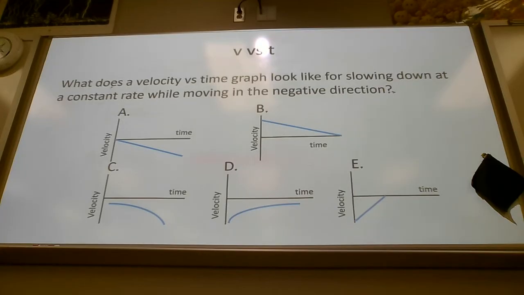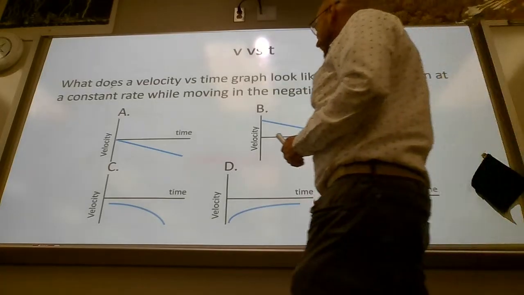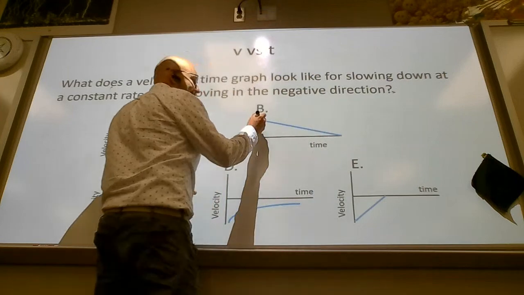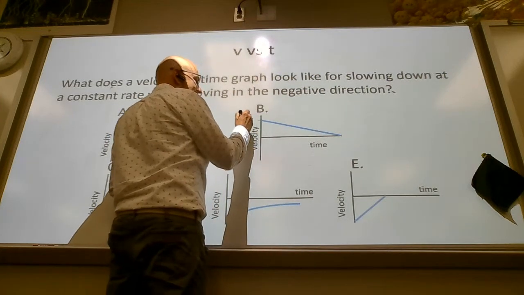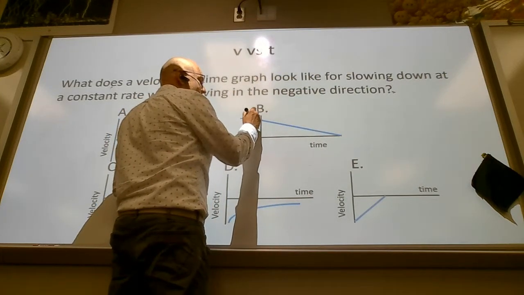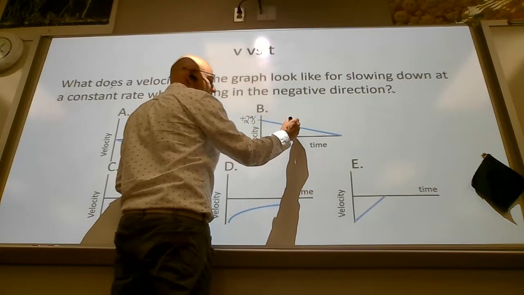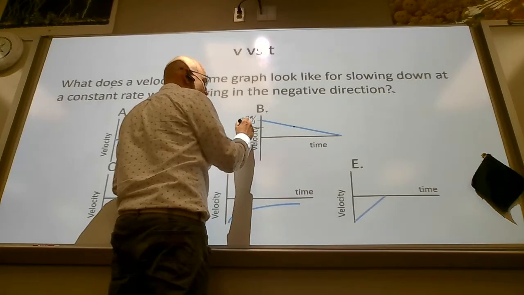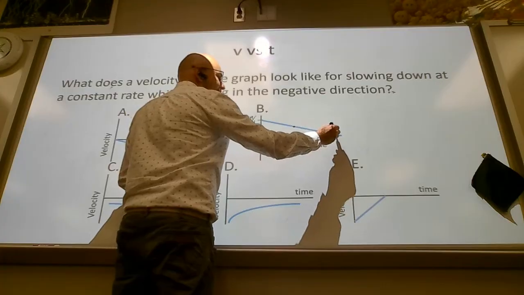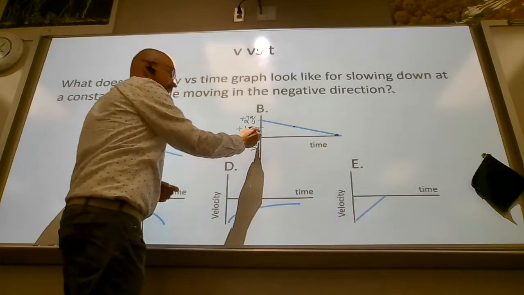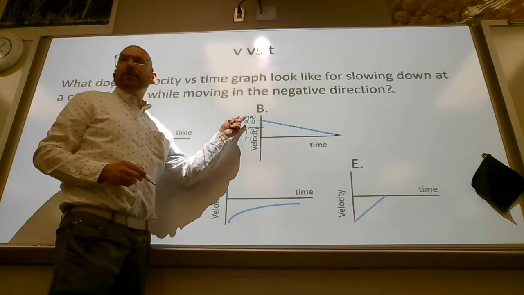Okay. Let's do this. Popular answer was B. So let's make up some values here. So this is positive 2 meters per second, positive 1 meter per second, 0. So you are doing what?